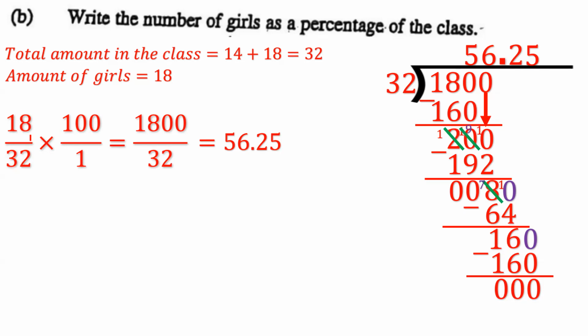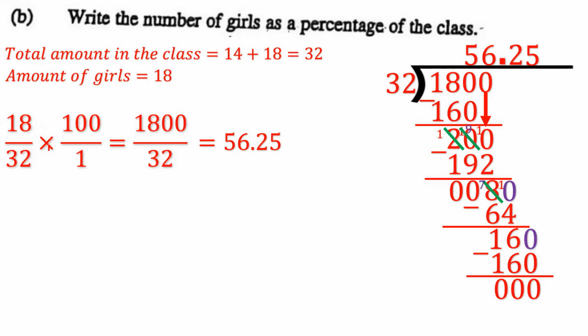Now, how are we going to take this fraction and write it as a percentage? That fraction represents the number of girls relative to the entire class, the total number of students in the class, which is 18 over 32. But we're going to change this fraction into a percentage.